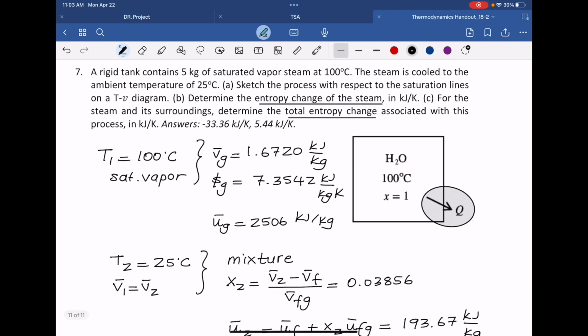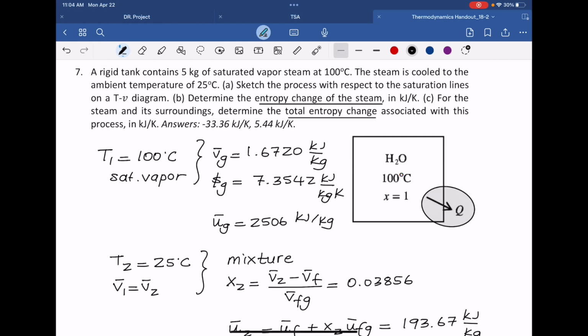So here the surrounding, okay, can we assume this is an isothermal situation? Why is that? First of all, the temperature drops to 25. It becomes in equilibrium with the surrounding temperature, which is also 25.